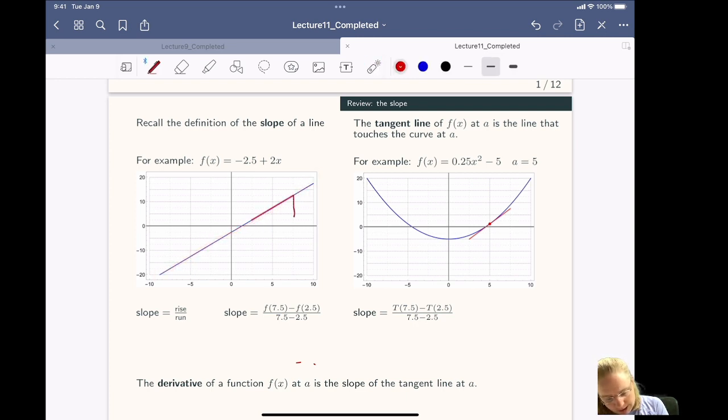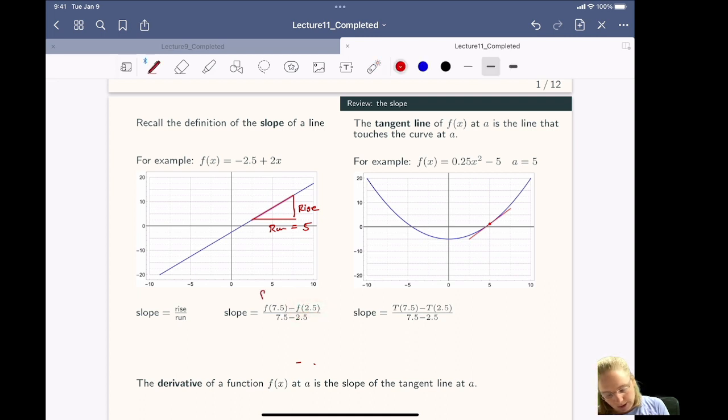is the rise over the run? Well, we can look at this figure and we can see that the run in this case is equal to 5. So we go from the point 7.5 to the point 2.5, and we get a rise of f of 7.5 minus f of 2.5.